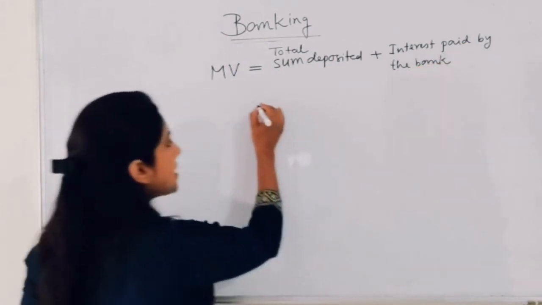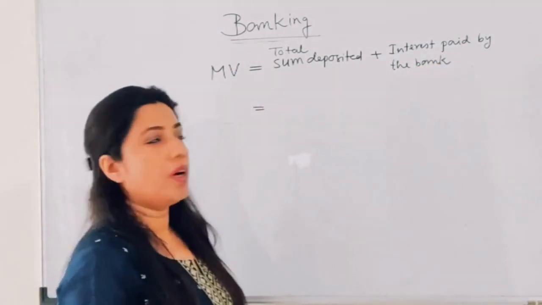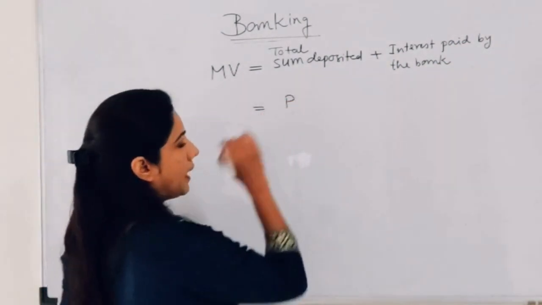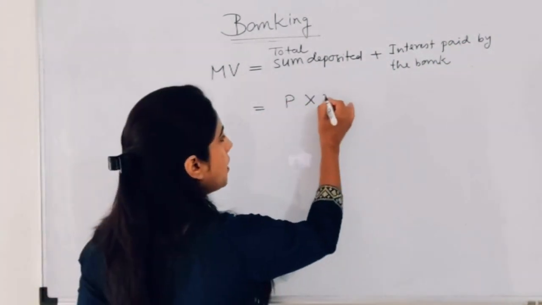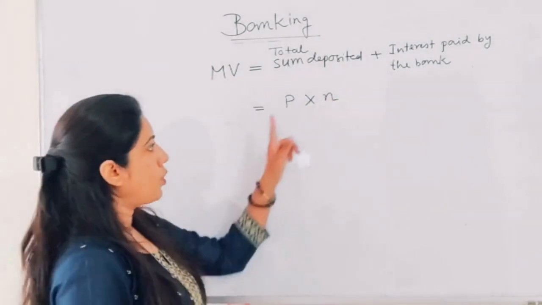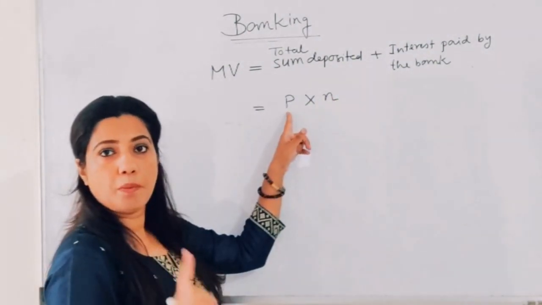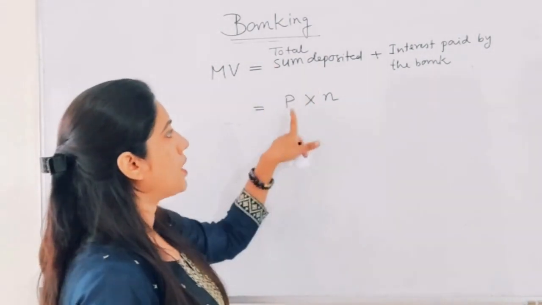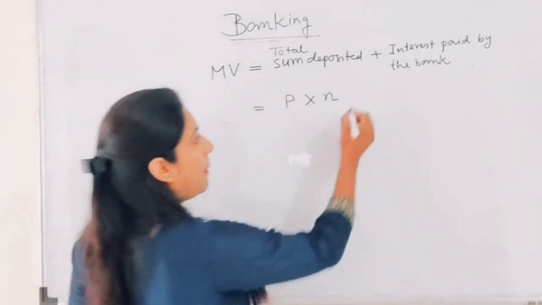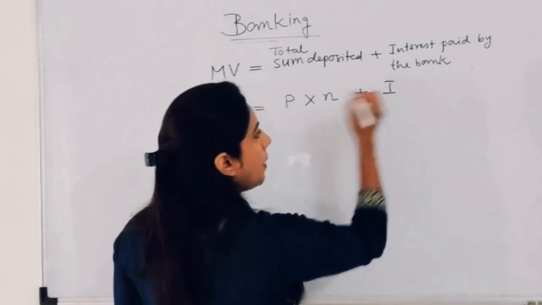P should be taken as the money deposited every month, suppose it is deposited for n number of months. So the total sum deposited is P into n, plus the interest paid by the bank.